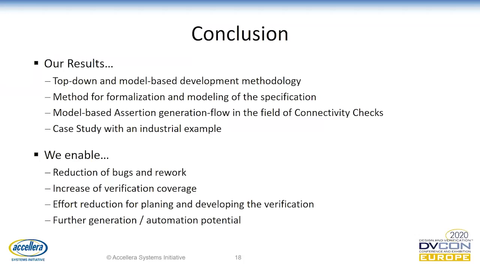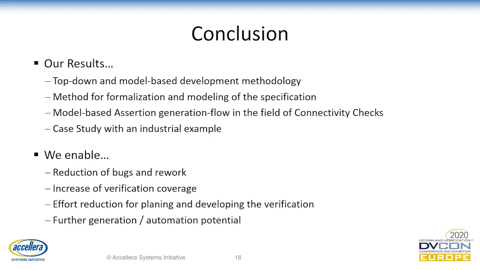We reduce the effort, not only by the automation; we also get the response that our specification is easier to understand for the verification engineer, and so it's much easier to get his verification planned. And the last point, which I think is a big one: by our specification methodology, we have a direct impact on the verification, and we have further potential for generation and automation.